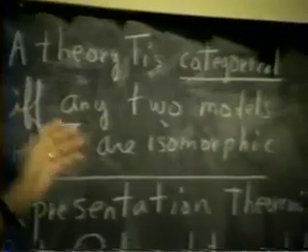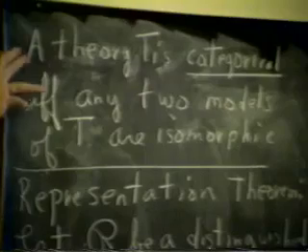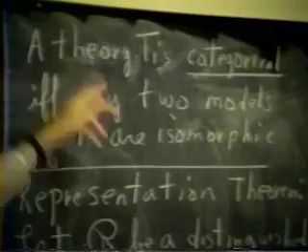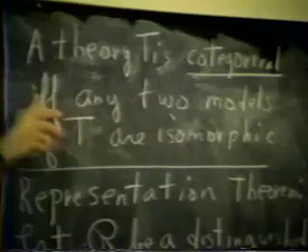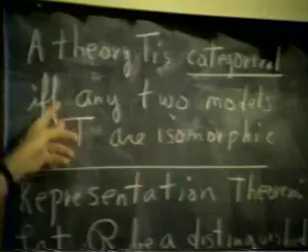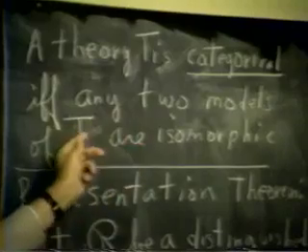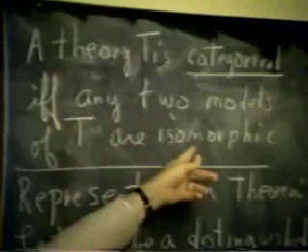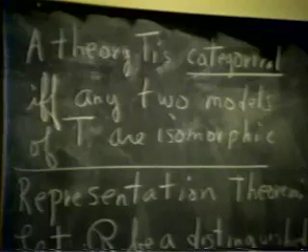We mean just structures that satisfy the axioms of the theory. So a theory T is said to be categorical if and only if any two models of T are isomorphic. That is, if and only if any two structures that satisfy the axioms of T are isomorphic. In that sense, the notion of categorical means there is just really, in an essential sense, one structure for that theory.